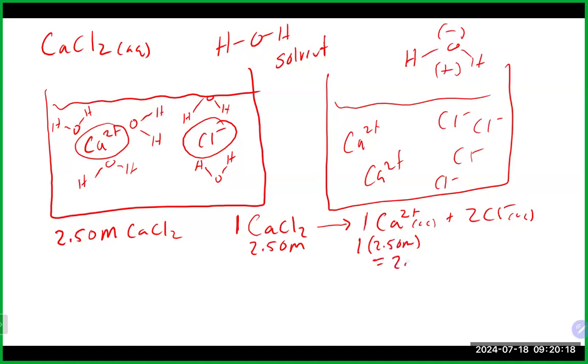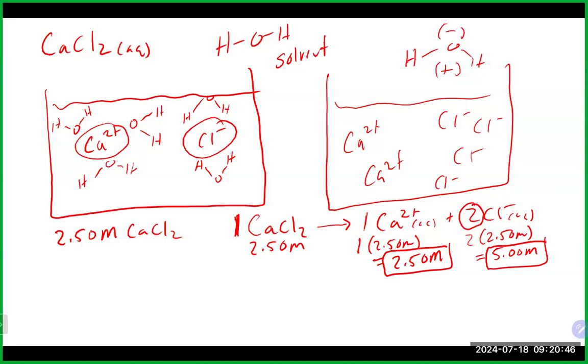And the concentration of the calcium ions that would be floating around in that solution is 2.5 molar. Now, if you look at the chloride ions, it is a 1-to-2 relationship in this case. And how that affects concentration is 2 times 2.5 molar would get you 5 molar.